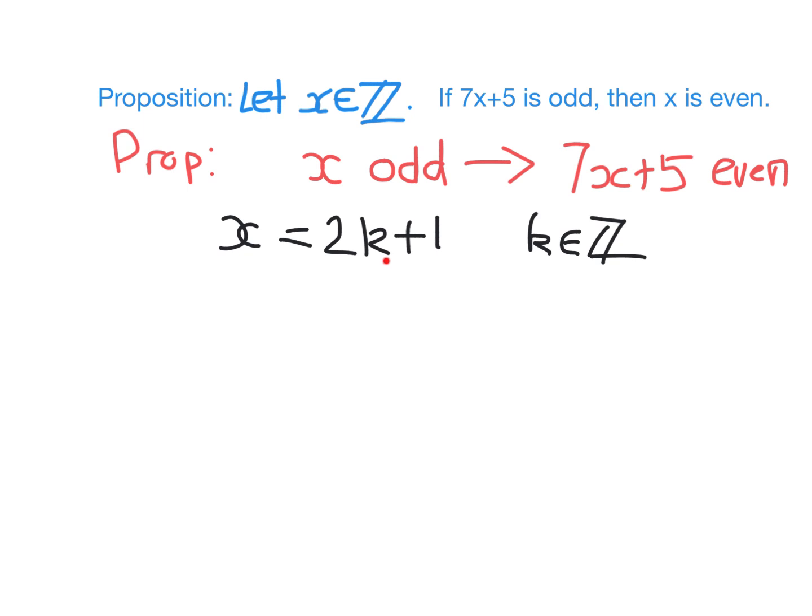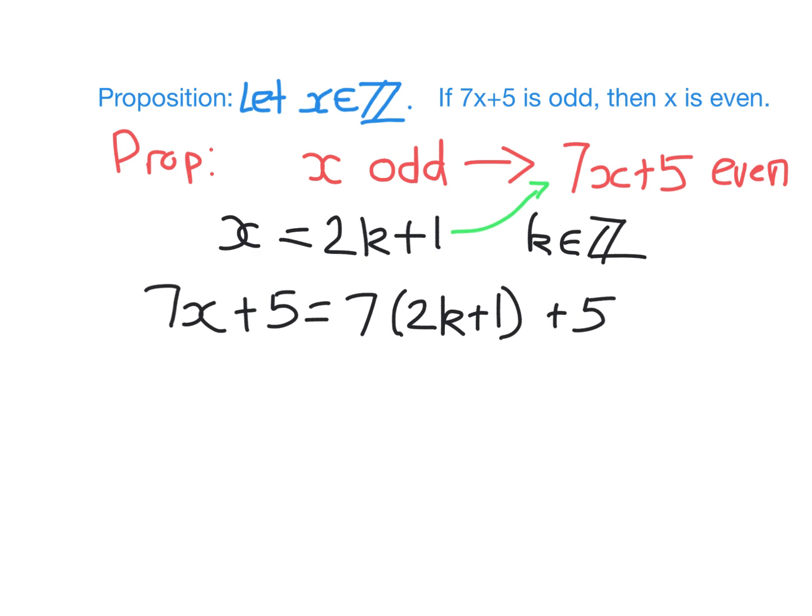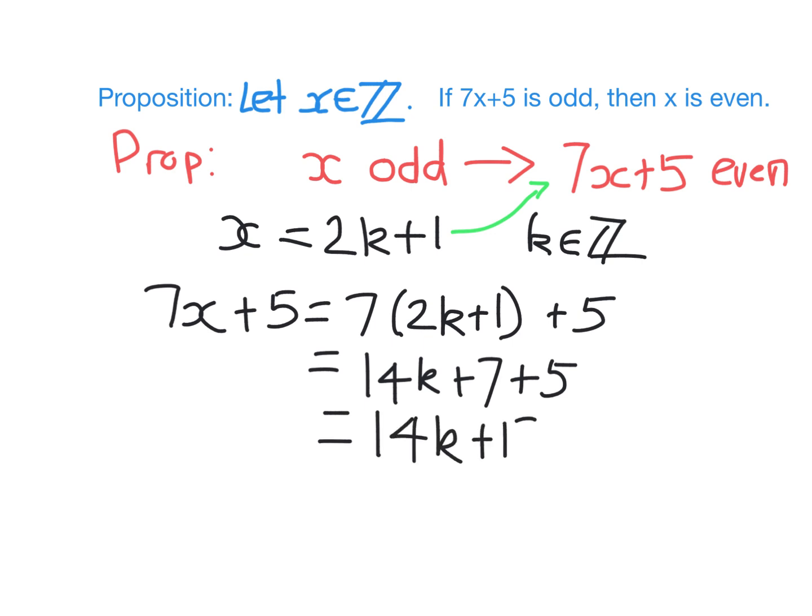If this is x, I'm just going to substitute this into our expression 7x plus 5. Now if I expand the brackets, I get 14k plus 7 plus 5, which is equal to 14k plus 12.